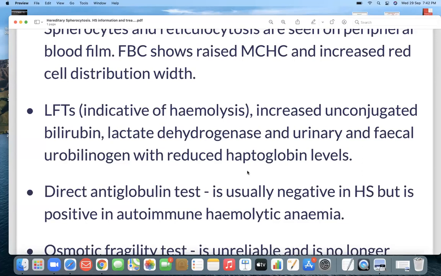Similarly here, we will have unconjugated bilirubin, and also you will get urobilinogen in the urine and feces. Okay, and lactate dehydrogenase will be raised, right? What else?